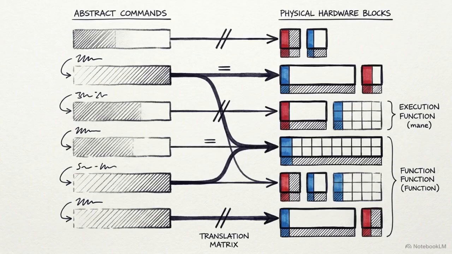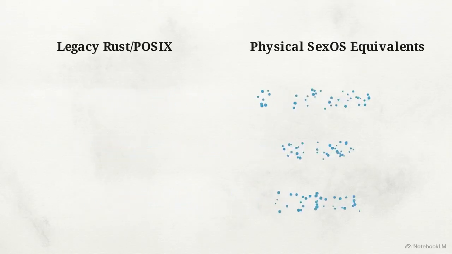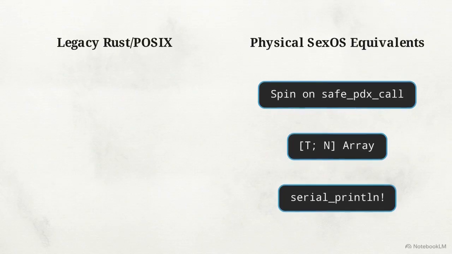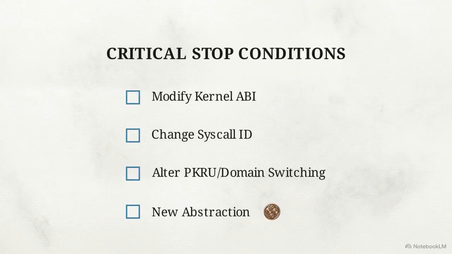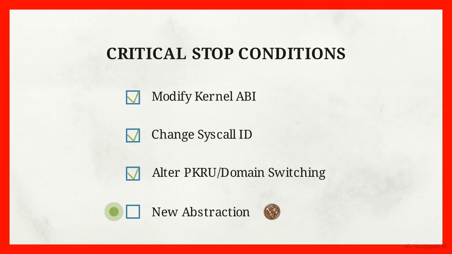A type-state prompt starts with a physical translation matrix, laying out the exact rules of the custom environment. Standard Rust concepts dissolve on the left, mapping directly to physical microkernel equivalents on the right to prevent using non-existent libraries. The matrix reveals a rigid stop checklist. If the AI attempts an ABI abstraction change, the cursor halts, triggering a red warning.